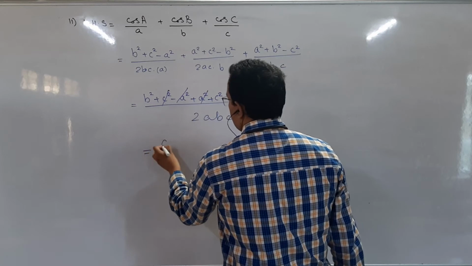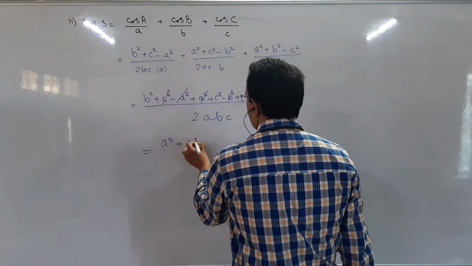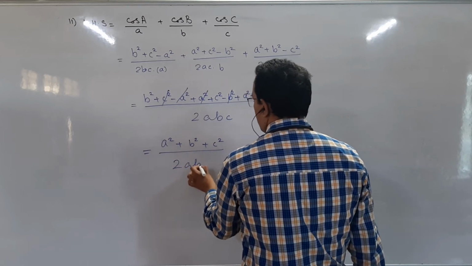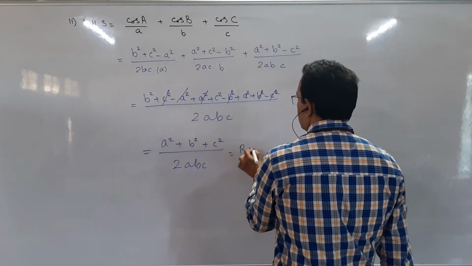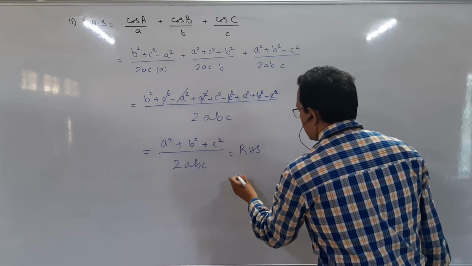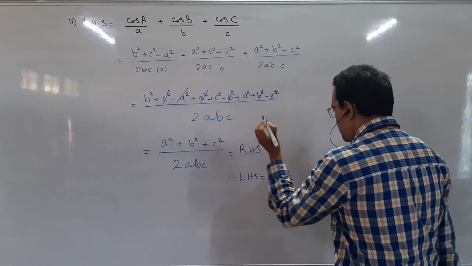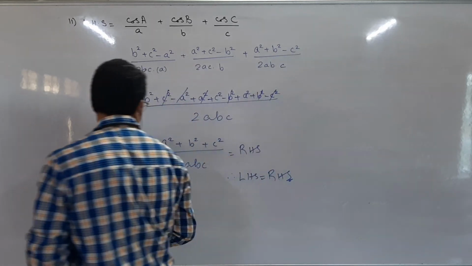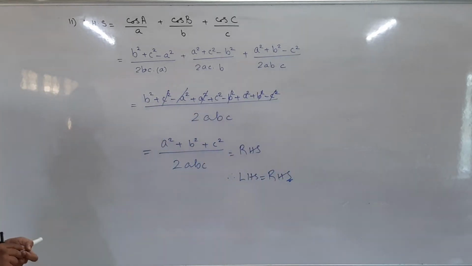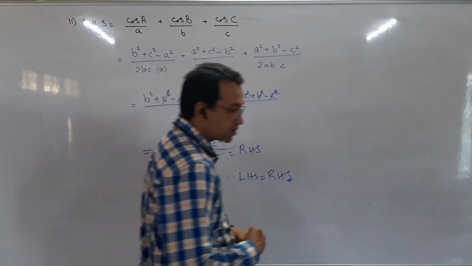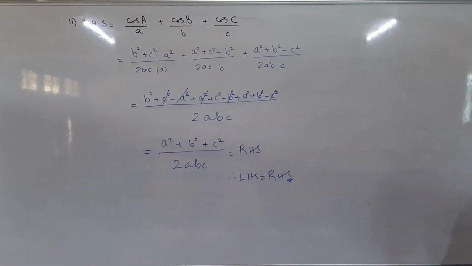So the answer is A square plus B square plus C square upon 2ABC, which is your RHS. Therefore, LHS is equal to RHS. Hence proved. This is a very simple sum. You get 3 marks for this type of sum.